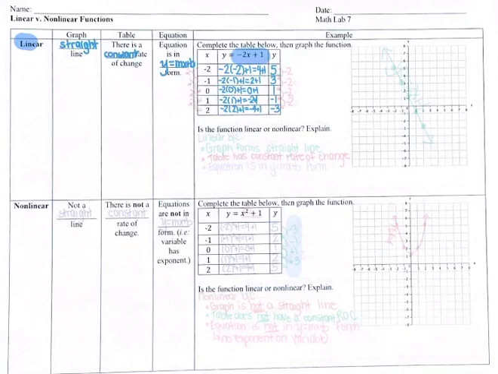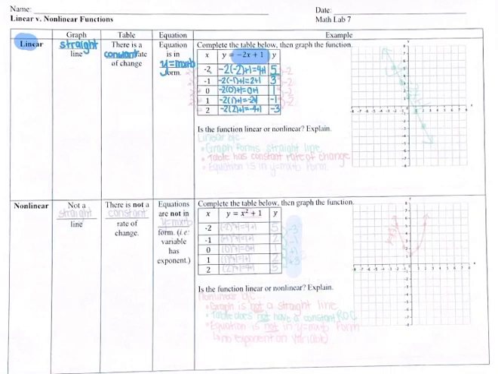Now we're going to look at the x column and the y column to figure out where to plot everything. So our first point is -2, 5.